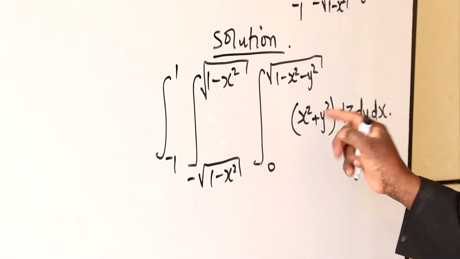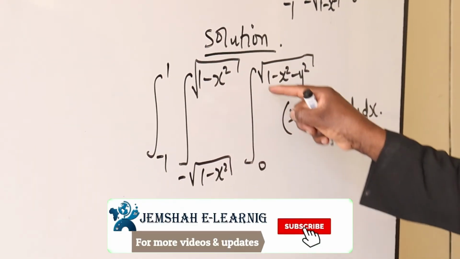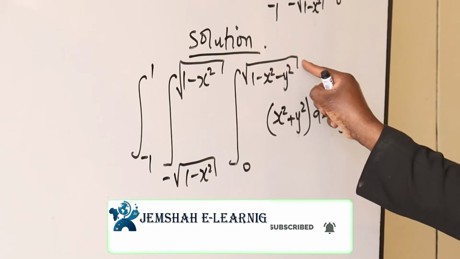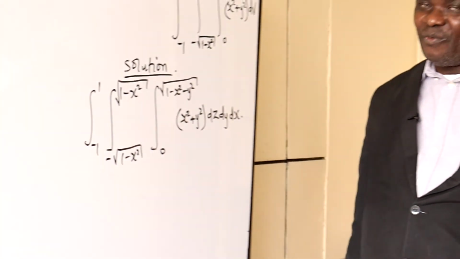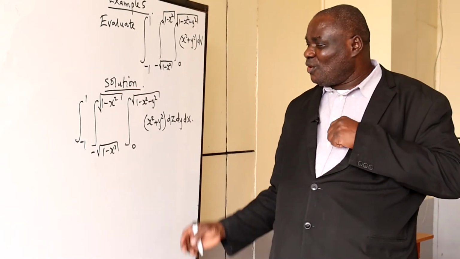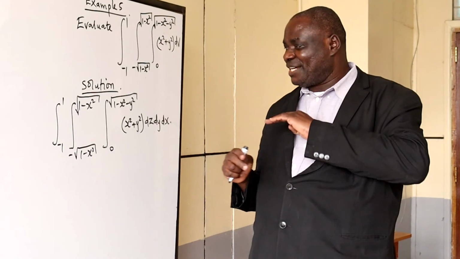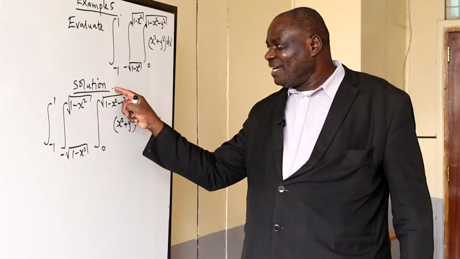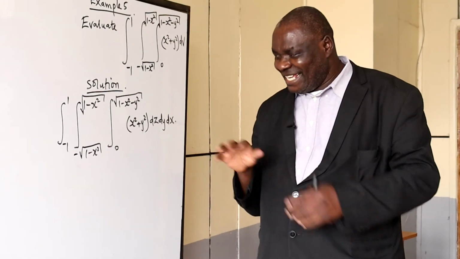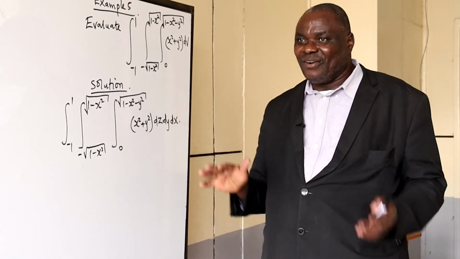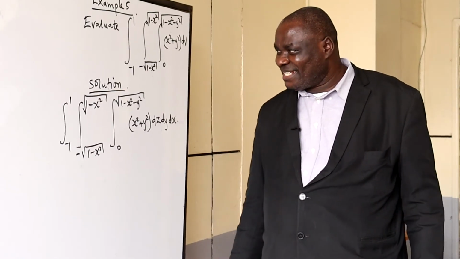Now, these are z values. So it is from z equal to 0 to z equal to the positive root of this, and this is an equation of a sphere. So it is the portion of the sphere above the xy plane. Now, these last two integrals will indicate the nature of that portion.